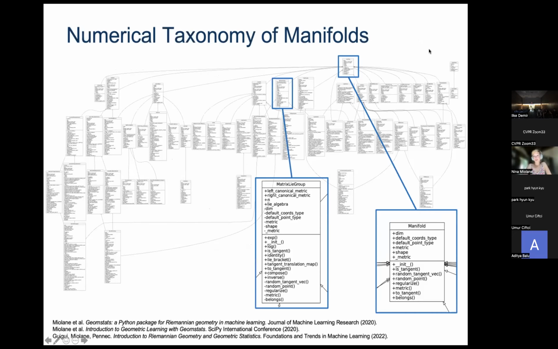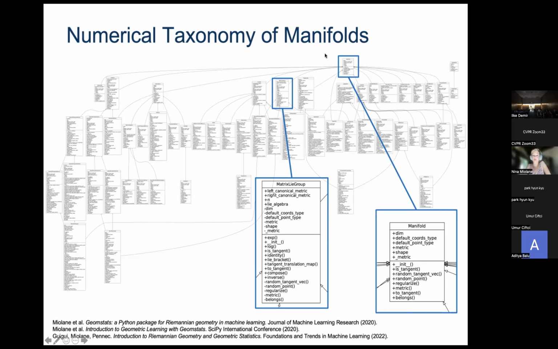So I told you we implemented a lot of different manifolds in Geomstats. And what we end up with is actually a numerical taxonomy of manifolds. So we use object-oriented programming to create this hierarchy of many manifolds that you could be interested in working with. So this hierarchy is built as follows.